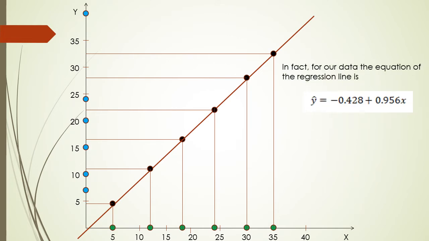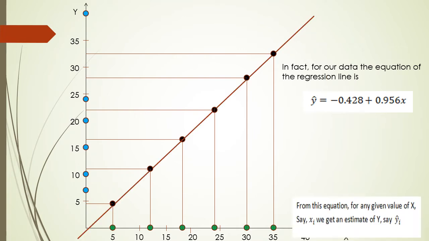In fact, our data gives us the regression line as y hat equal to minus 0.428 plus 0.956 into x. So this is the line we have estimated from our data.